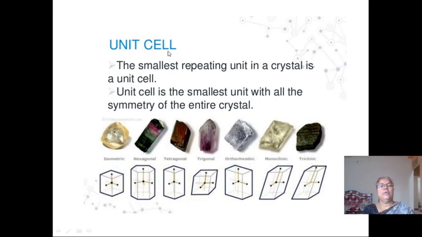Then the unit cell. Here, the smallest repeating unit in a crystal is a unit cell. The unit cell is the smallest unit in which all the symmetry of the entire crystal is retained as it is. And these are some unit cells of hexagonal, tetragonal, trigonal, orthorhombic, monoclinic, triclinic structures.